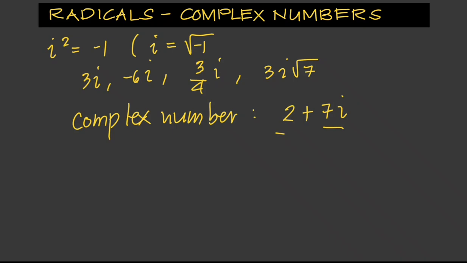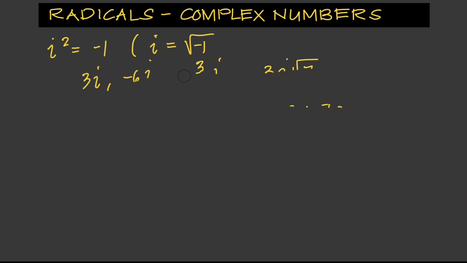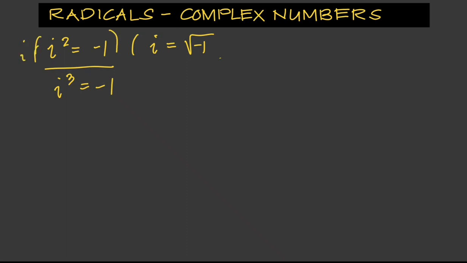First, we will consider exponents on imaginary numbers, and we will do this by manipulating our definition of i squared equals -1. If we multiply both sides of the definition by i, then this equation would become i cubed equals -i.